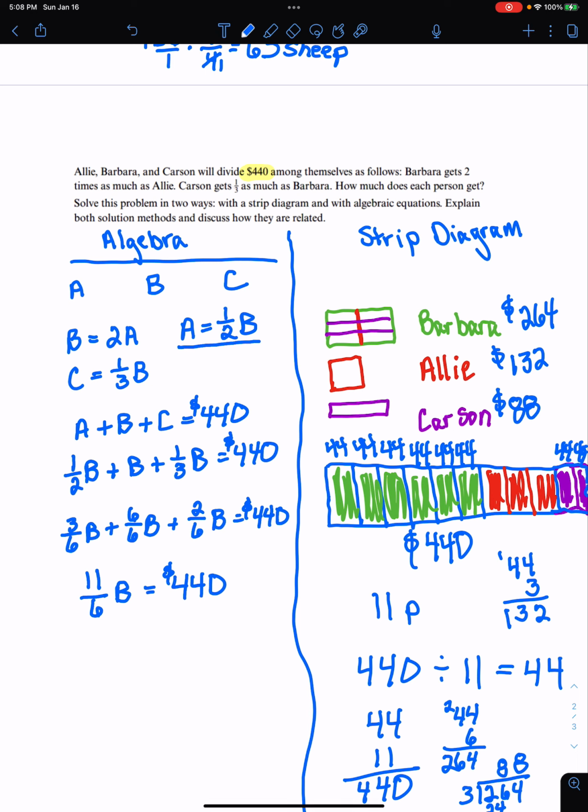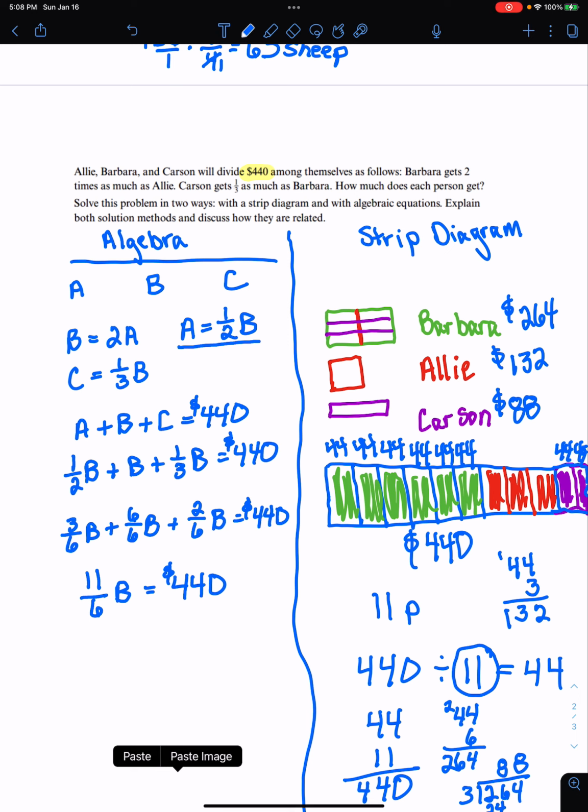All right, now I have all these pieces, and now you can see where my 11 came from over here.